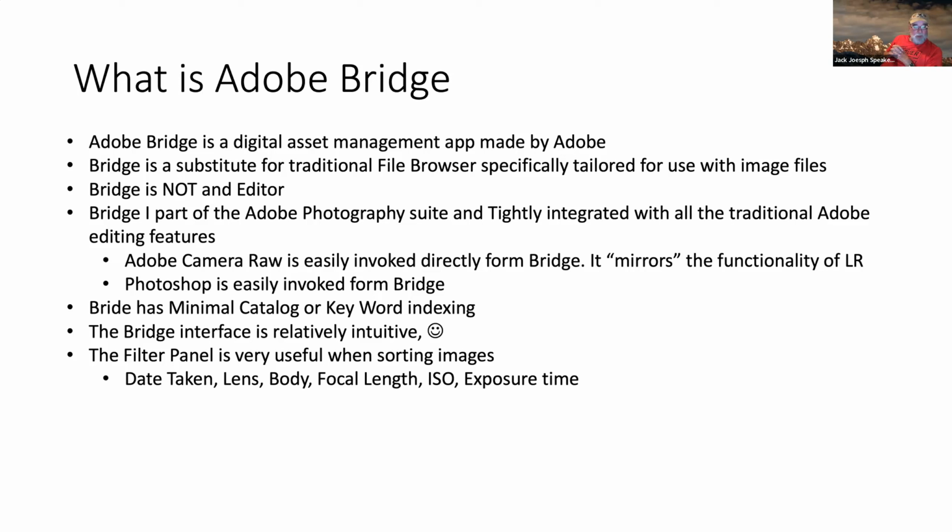So while I really admired a lot of the Lightroom features, I thought, man, I'm not going to be able to do this. And the Bridge interface is relatively, and I use that word, intuitive. Some of the other features we'll look at briefly is the filter panel, which is very useful when sorting your images.